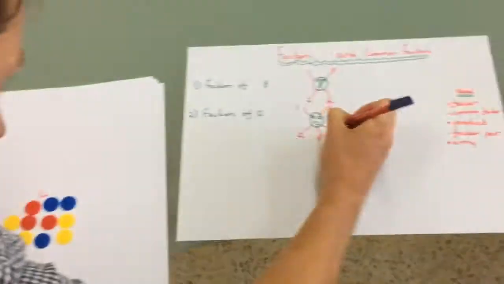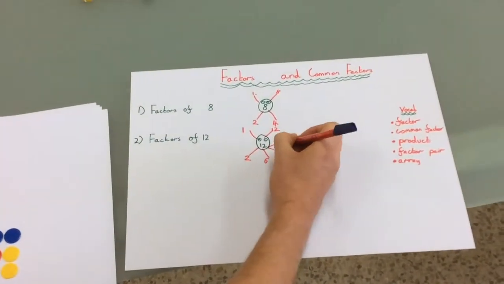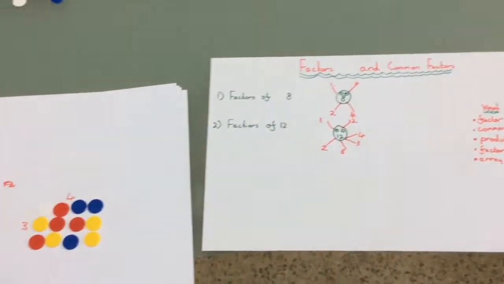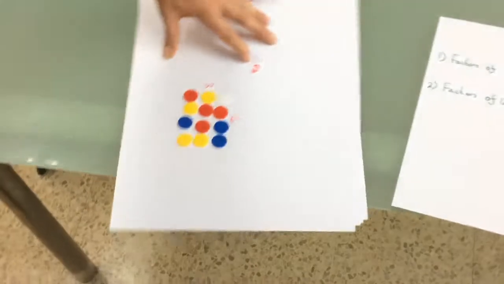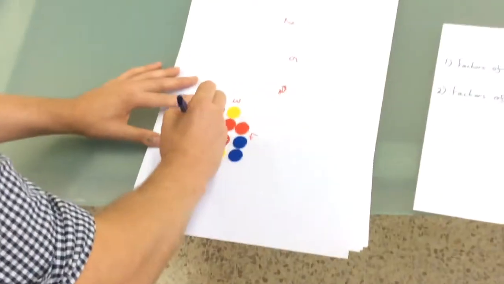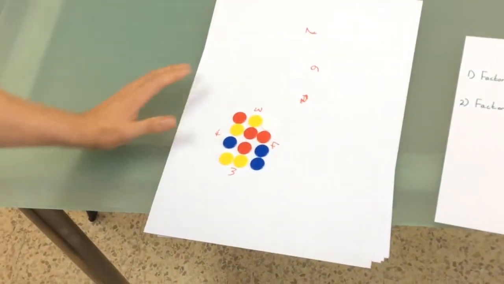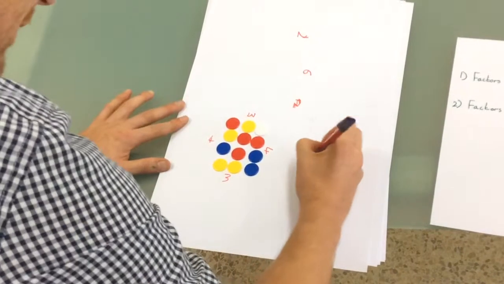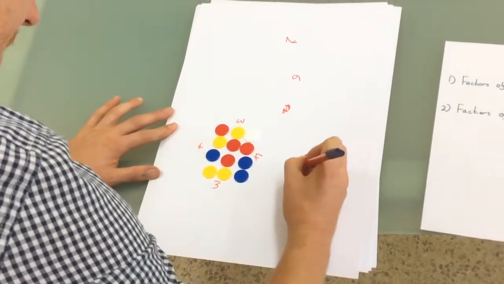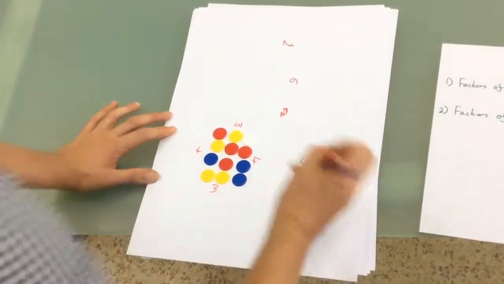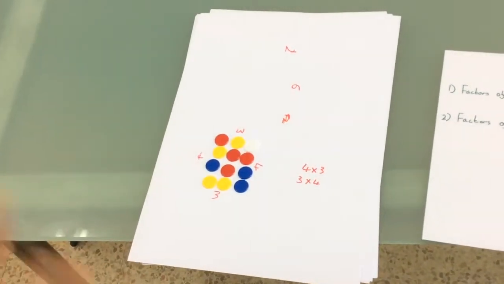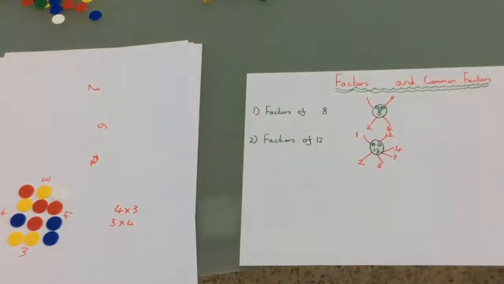So that's another factor pair. 3 and 4. Let's look around again. Oh, when I spin it, I now have 4 and 3. So remember about that commutative law, 4 and 3 and 3 and 4. When we change the order in multiplication, we still get the same answer. So they're factor pairs.